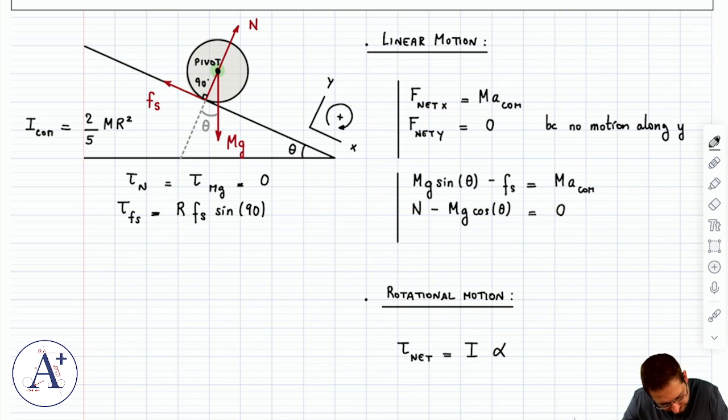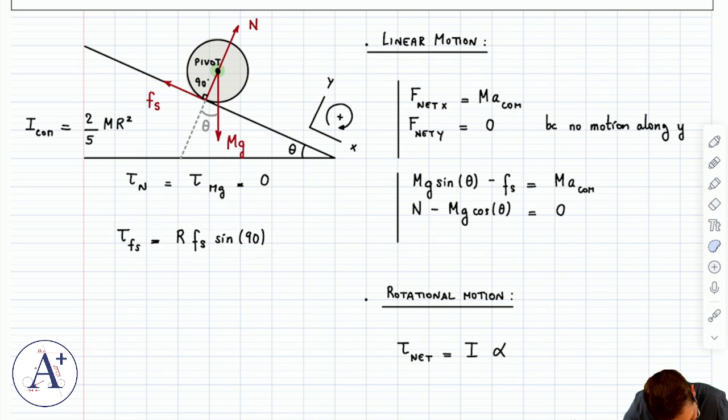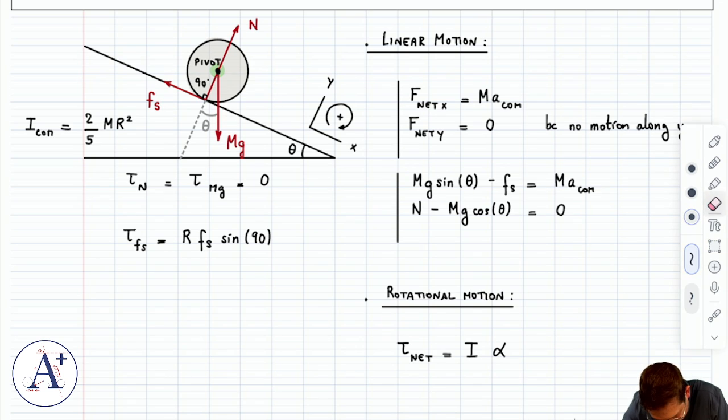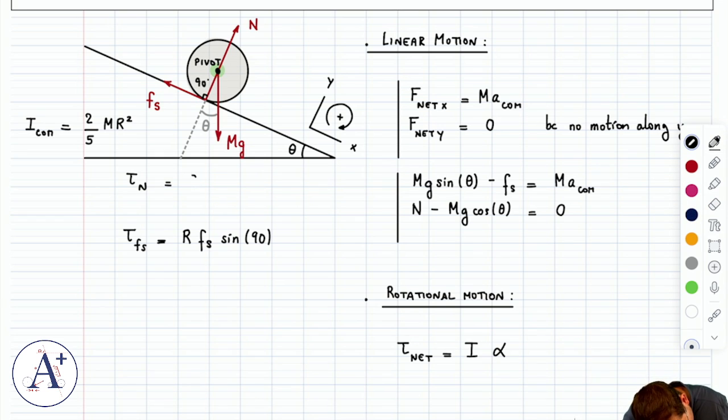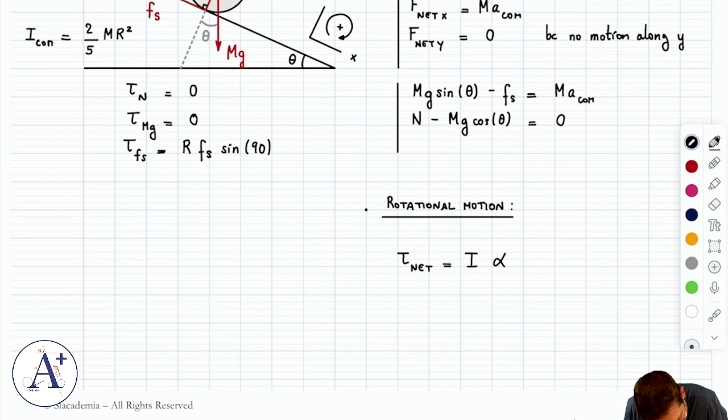Okay, so those are the different torques, which means that torque net is equal to I alpha.